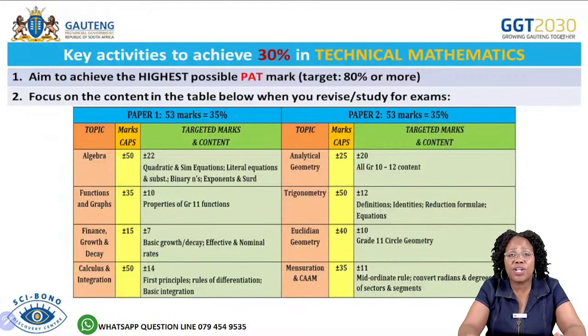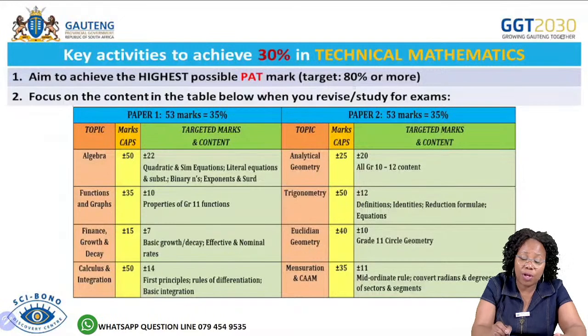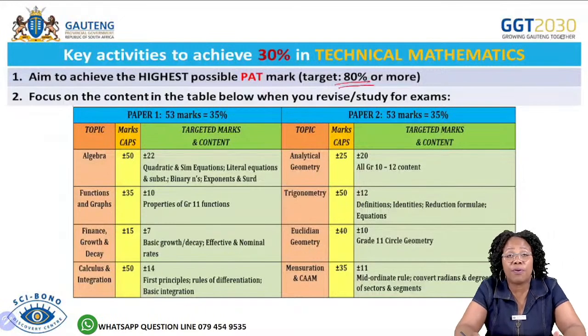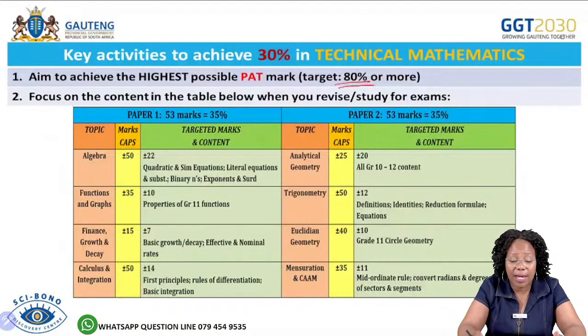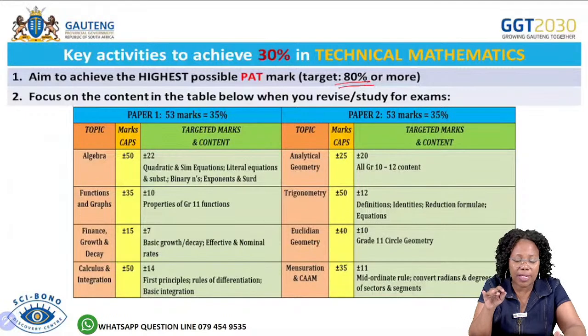And then we have a strategy here, the 30% strategy. To target 30% in your paper, what must you do? Number 1, you ensure that you have 80% or more for your PAT. And then now the focus on the content, and then also the marks that you can target in order to get a basic 30%.